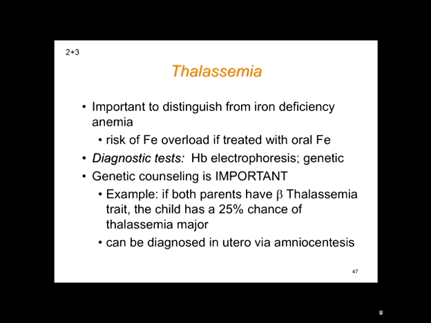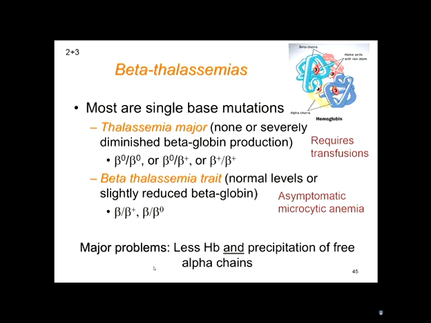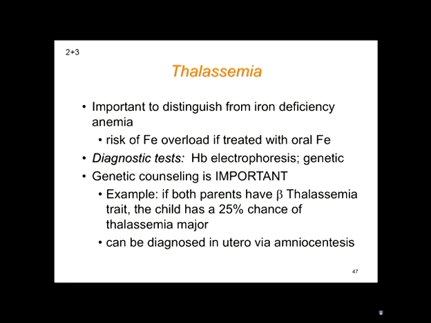Okay. Now, remember this one form of it, the beta thalassemia trait, where you have one normal beta and one abnormal or missing beta. Asymptomatic microcytic anemia, because of that, can look a little bit like, or much like, iron deficiency anemia. And when it's misdiagnosed as an iron deficiency anemia, because someone didn't pay close attention, they are going to get too much iron.